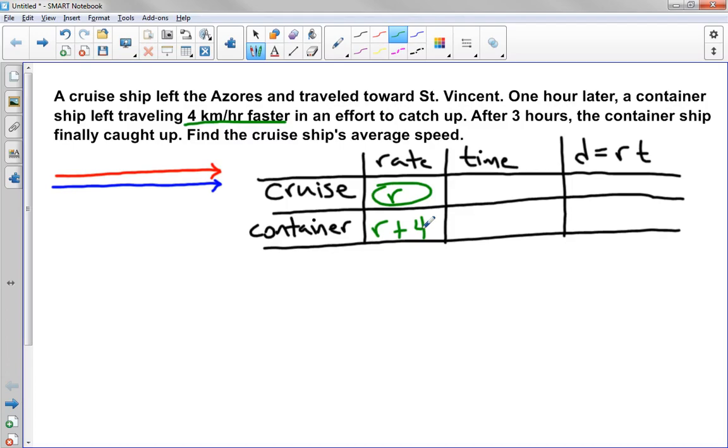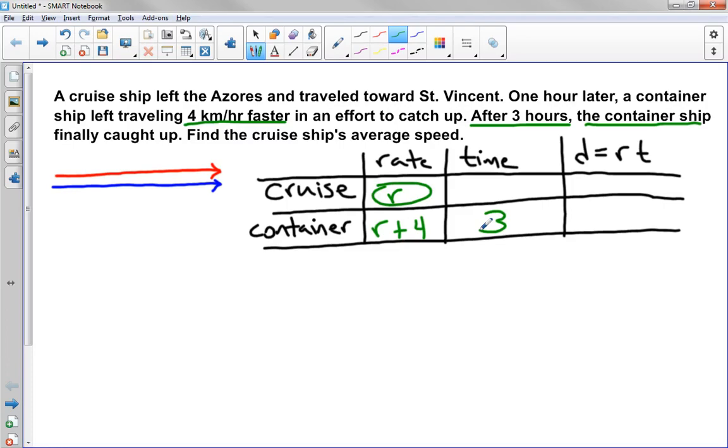Now again, reading carefully, we'd like to fill in these boxes with information about time. So let's see, after 3 hours. Now be careful, you have to know which ship you're talking about here, and it says just after. We're dealing with some information about the container ship. So the container ship traveled for 3 hours when it caught up to the cruise ship. Now we need the cruise ship's time. And this is a really common place where you might make a mistake.